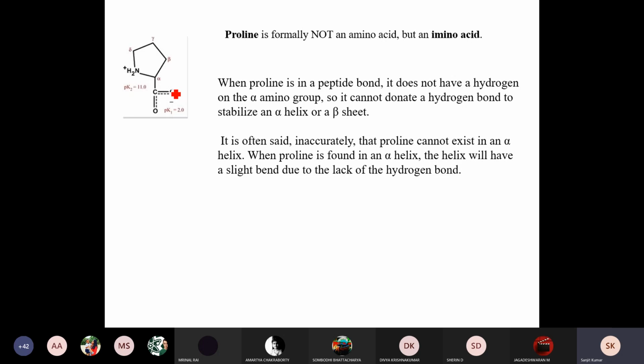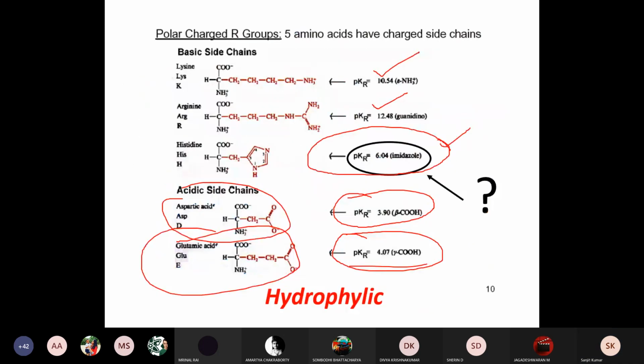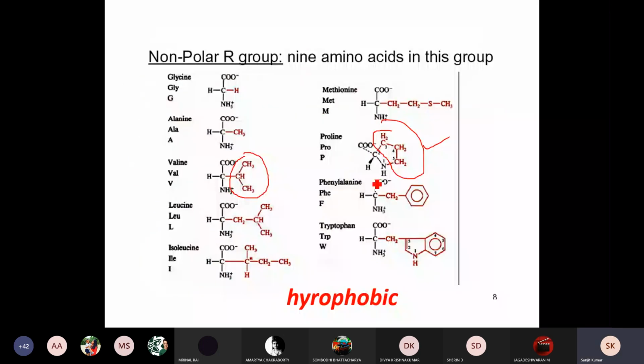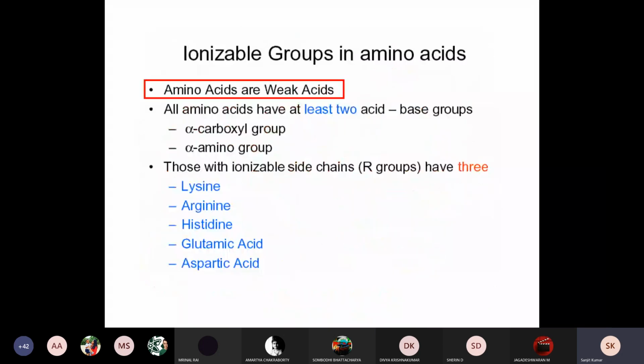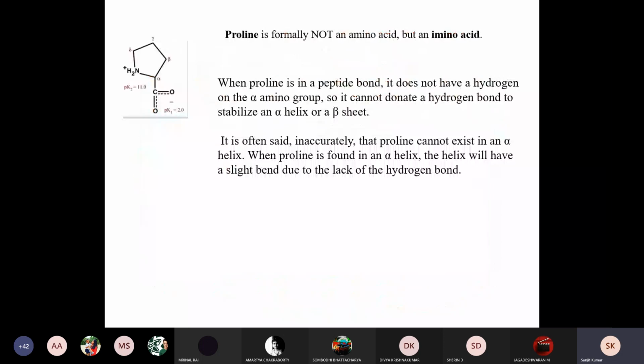If you notice the structure of proline, always remember, when proline is in peptide bond formation, it does not have hydrogen on the alpha amino group, so it cannot donate a hydrogen bond to stabilize an alpha helix or beta sheet.